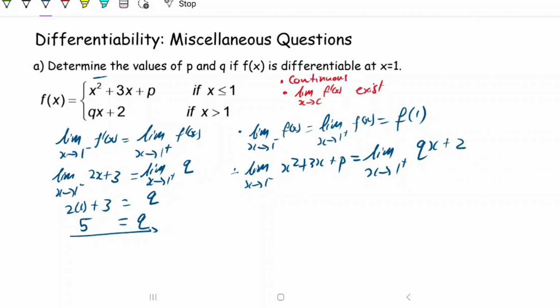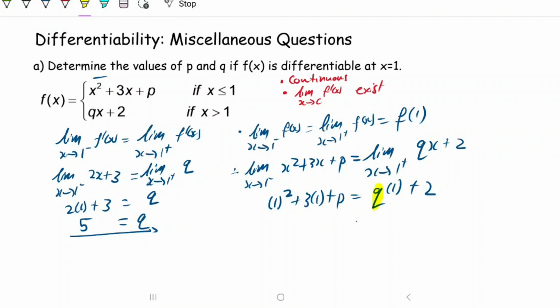So from here, once we've done this, we then obviously take our limits and substitute them accordingly. So this becomes 1 squared plus 3 plus p, now equaling q times 1 plus 2. But remember that in our previous working out, when we did differentiability, we were able to work out what the value of q is.